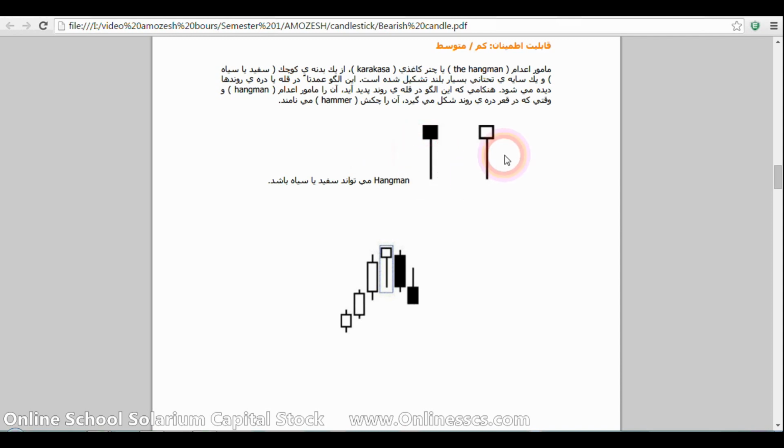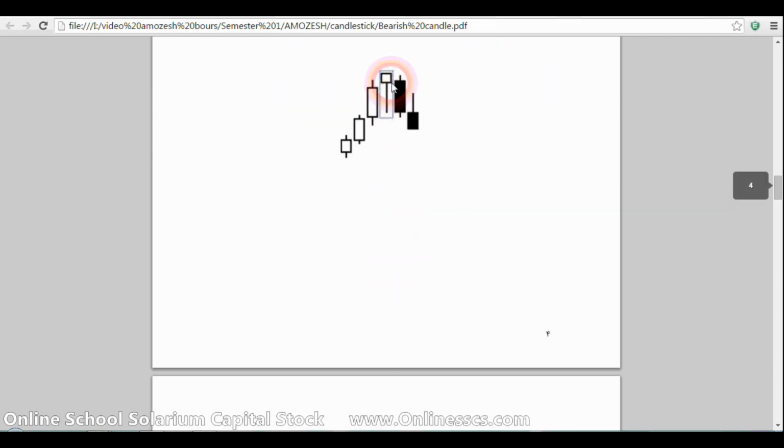We go to the popular candle, the Hanging Man candle. When it gets created at the bottom of the chart, it's a hammer, which means my trend is going to go uptrend. We call it a high as well, meaning the price is going to go upwards.